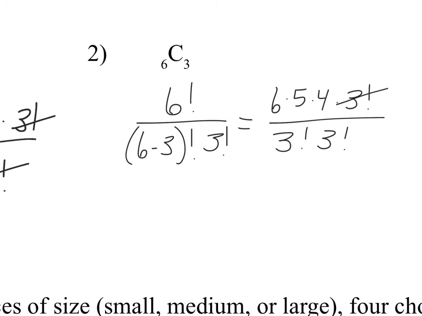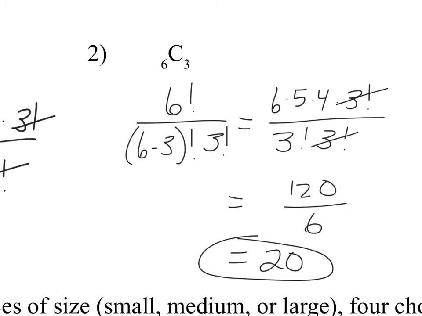As you can see, one of our 3 factorials will cancel. This will equal 120 divided by 3 factorial. 1 times 2 times 3 is 6. And once I simplify, I get 20. What that 20 represents is if I have a set of 6 items, there are 20 different ways to choose 3 of those items where the order doesn't matter.